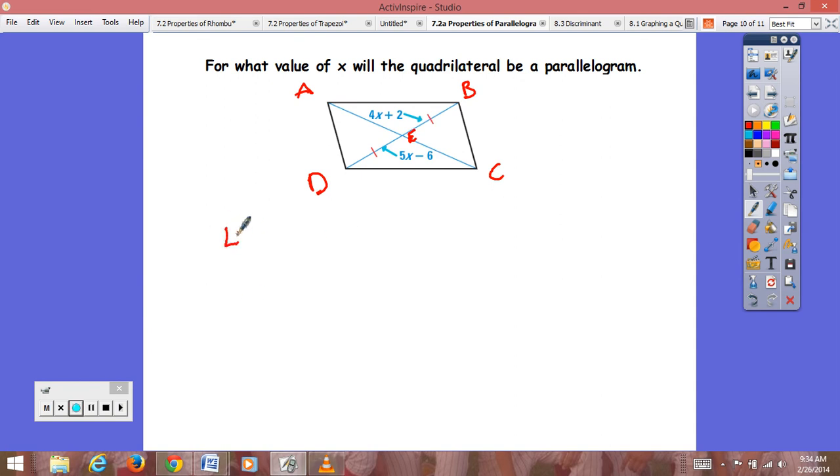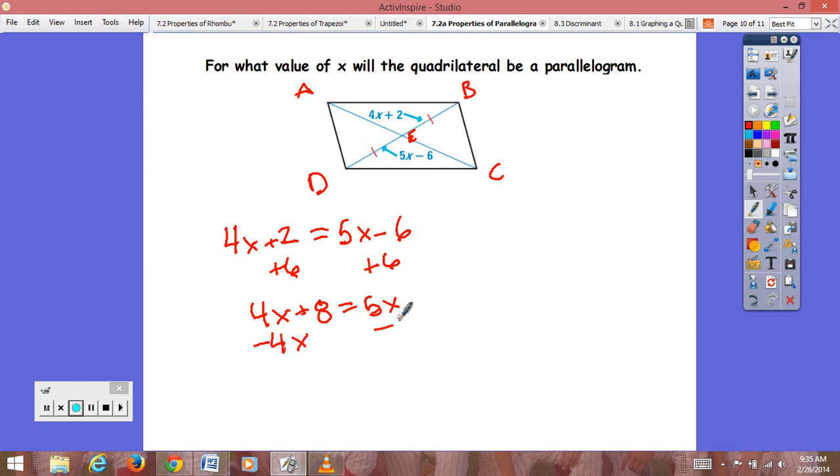So for that to happen, we set both of these equal to each other and solve for x. So if we add 6 to both sides, we get 4x plus 8 equals 5x. Then subtract 4x from both sides, and we will get that x equals 8. So for this shape to be a parallelogram, x has to equal 8.